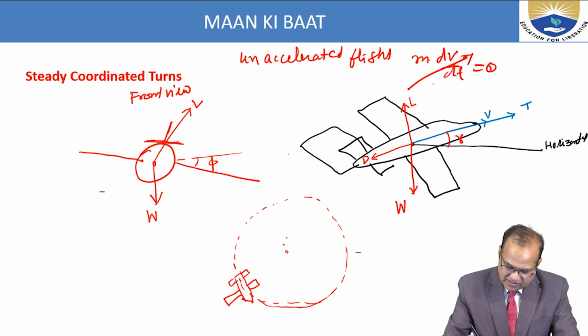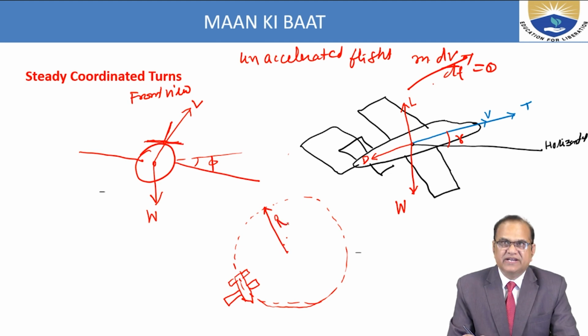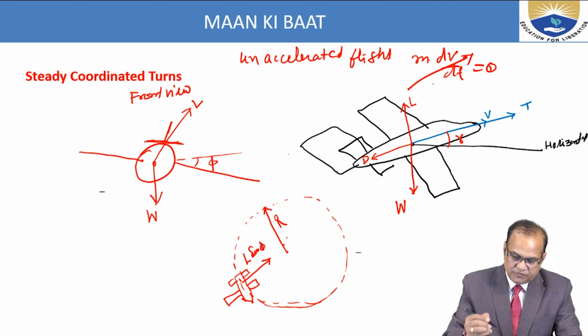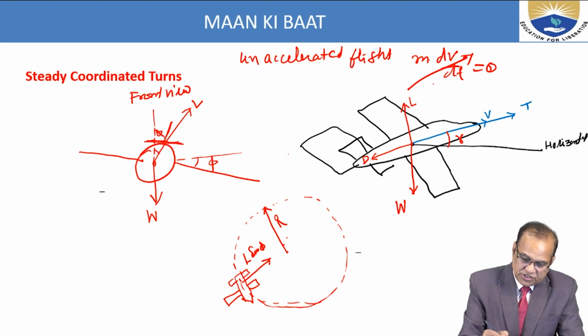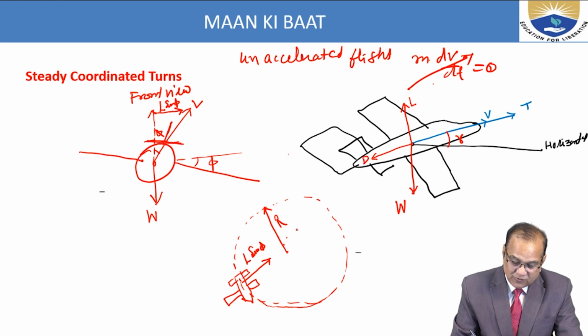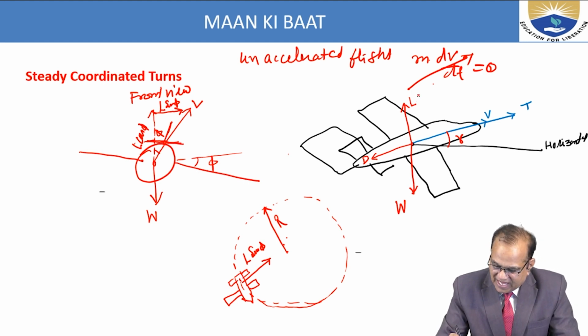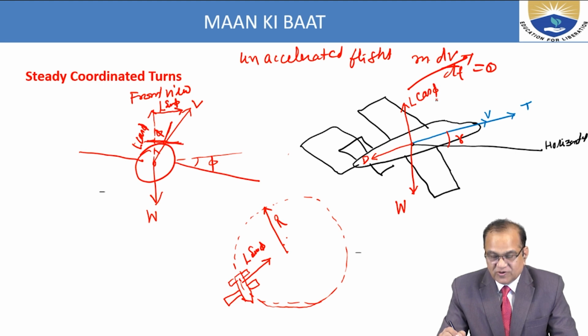Here this is the radius R of the turn, and it will experience a component of lift, that is L sine phi. Here this is the vertical, and this is the angle phi. This L sine phi will act towards the center, and this is the L cos phi. So here the vertical lift component will be L cos phi, not only L.